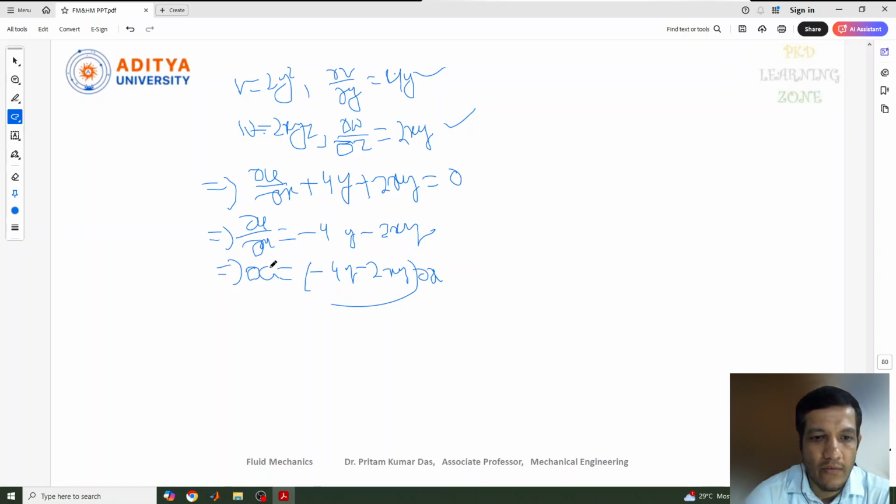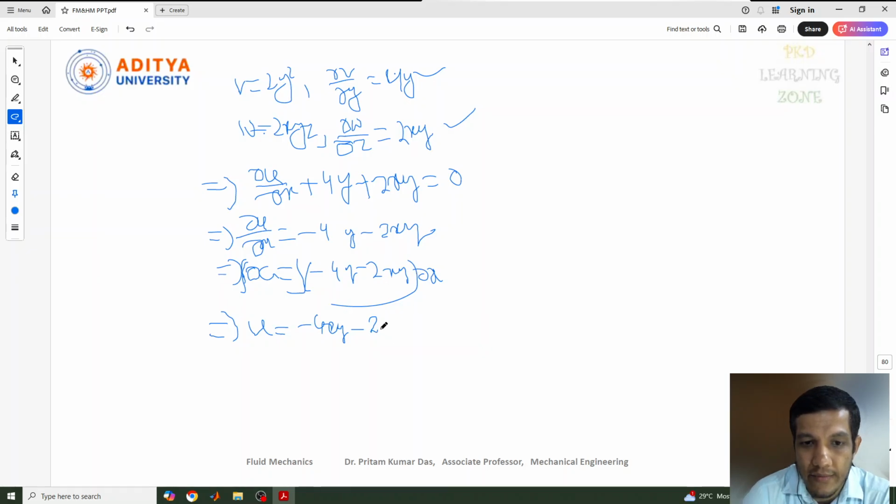Now again I'll integrate this, like how you did previously. Here also we'll do the same thing. Integration of this will give u, and minus 4y will be taken outside. Integration of del x will give minus 4xy, and again minus will be there, so 2y will be taken out.